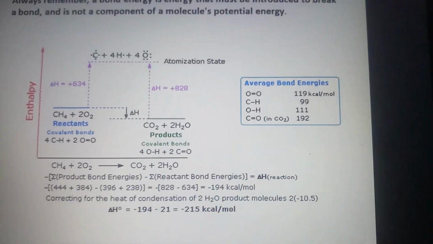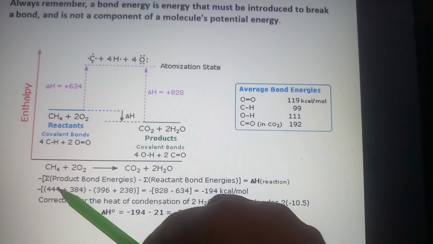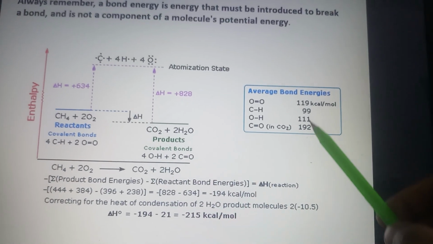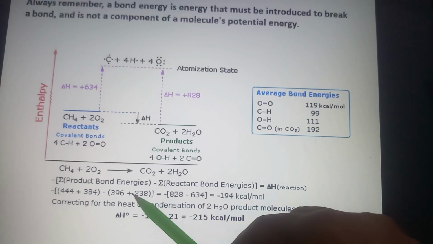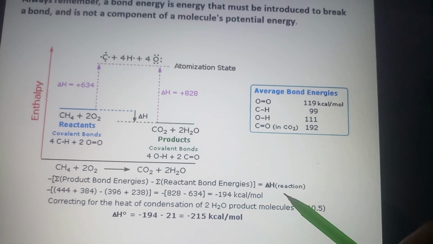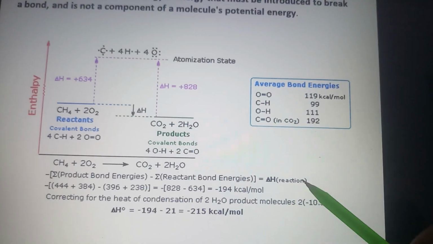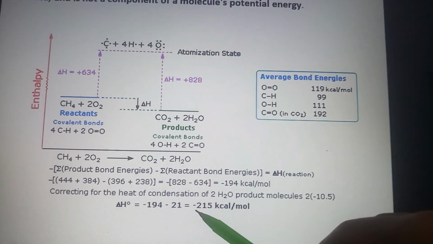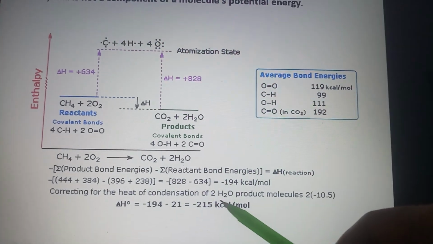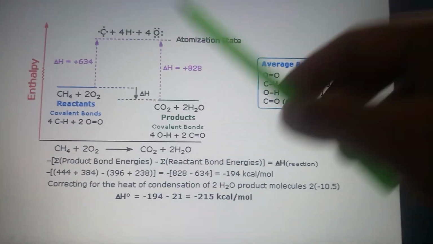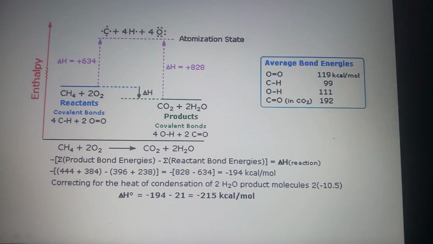You can see total product bond energies as depicted here and minus some of the reactant bond energies. It is designated as delta H of the reactions, and if we calculate it, we can obtain the delta H for this reaction. As it is negative, so the reaction is exothermic in nature.